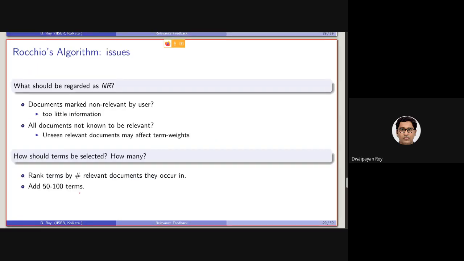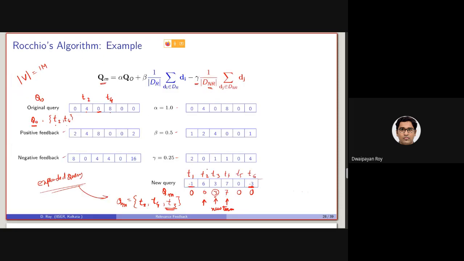Basically, we can rank those terms based on the number of relevant and non-relevant documents they occur in. They can also be ranked based on the weight. Here the weight is 3. For some other term, say Ti, the weight is 5, and for another term, say Tj, the weight is 8.